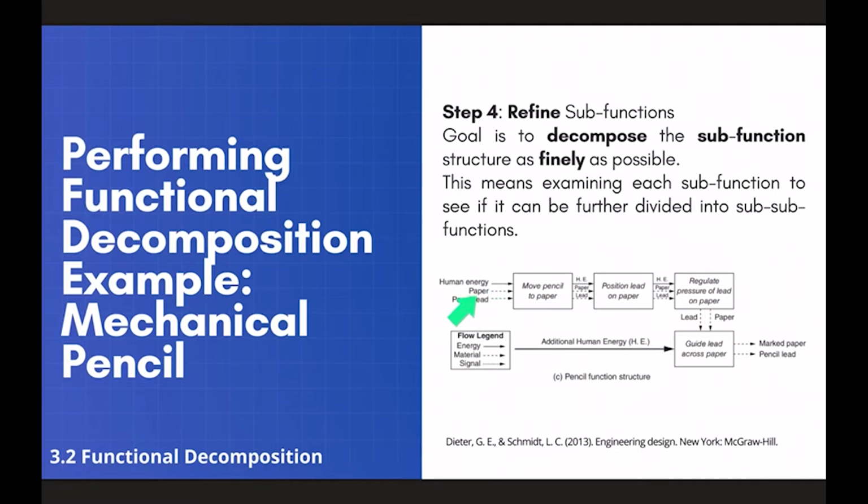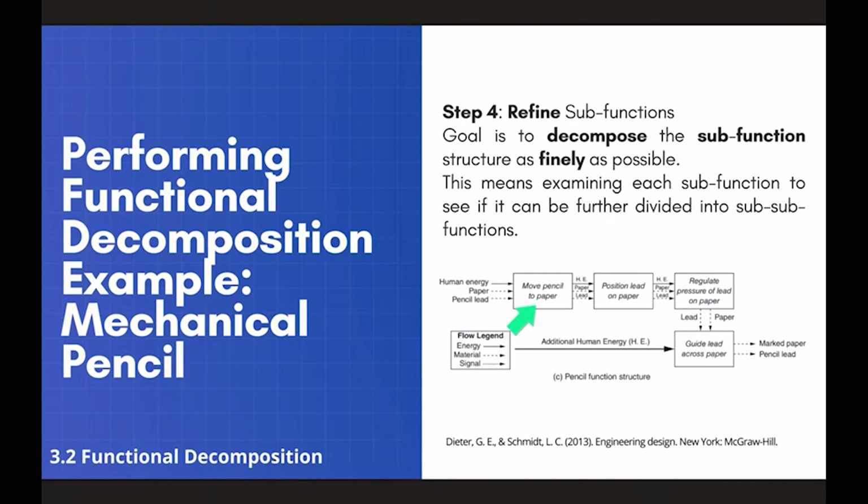Then there is a flow of material, the paper, where the paper is moved towards the pencil. And then there is also a material flow, which is the pencil lead moved near to the paper. So basically, for this sub-function, move pencil to paper, there are 3 flows: human energy, material in terms of paper, and pencil lead.